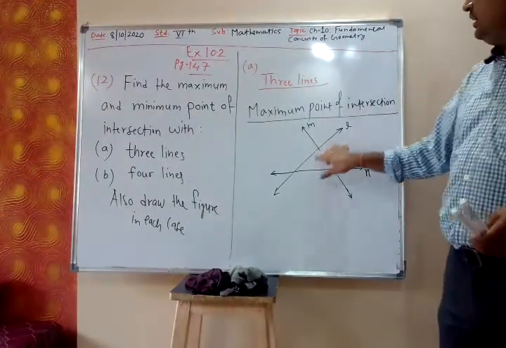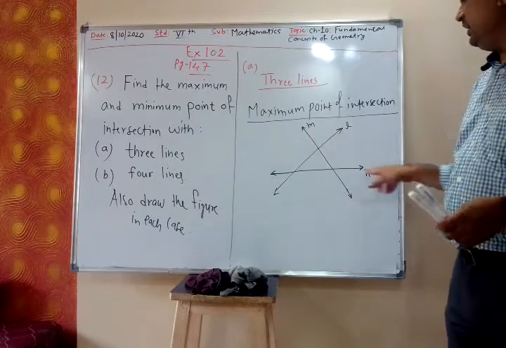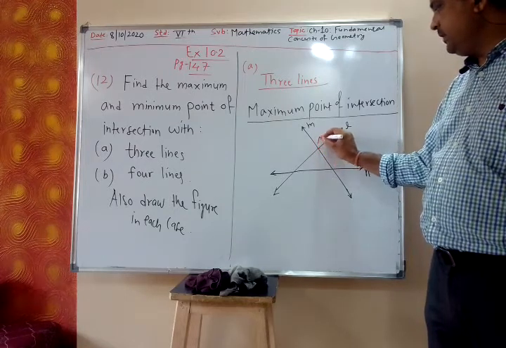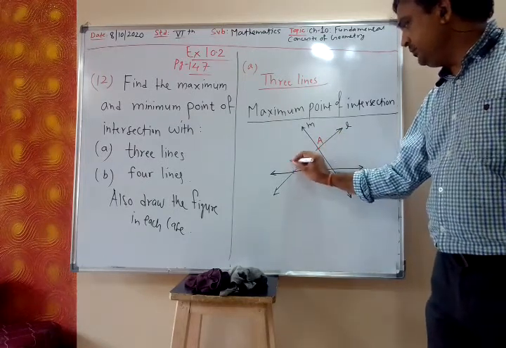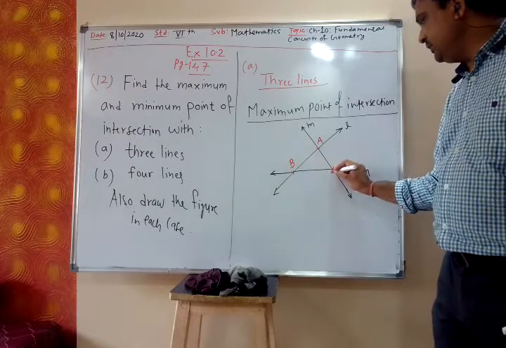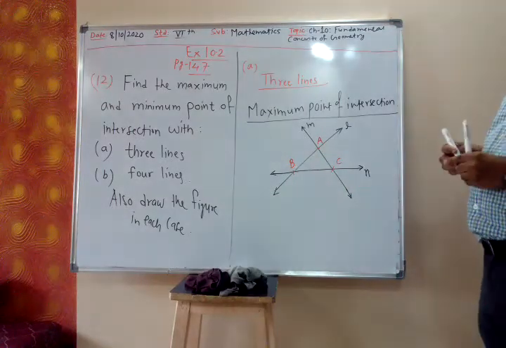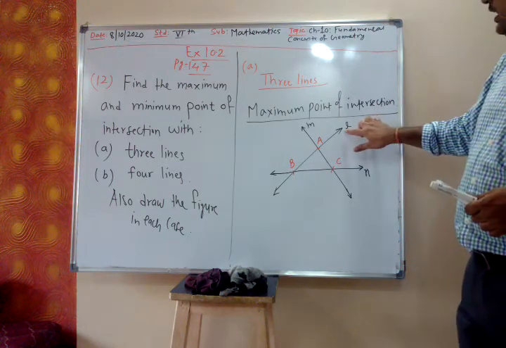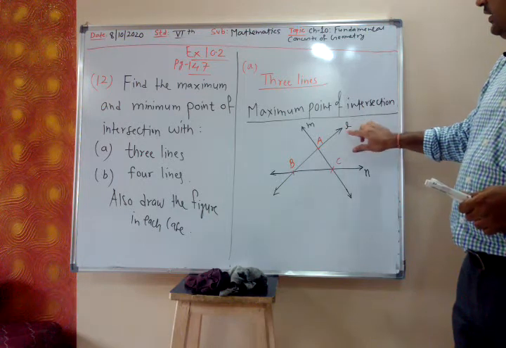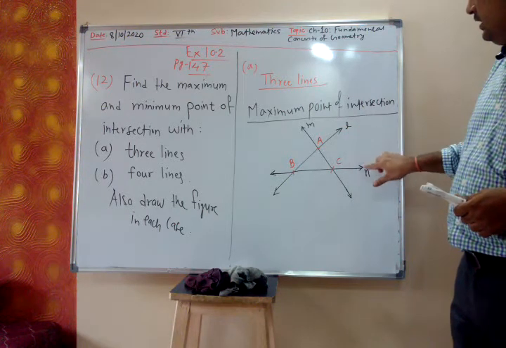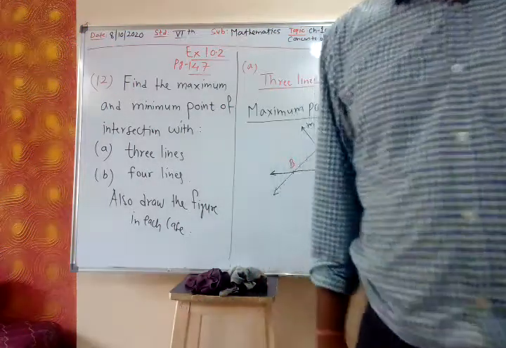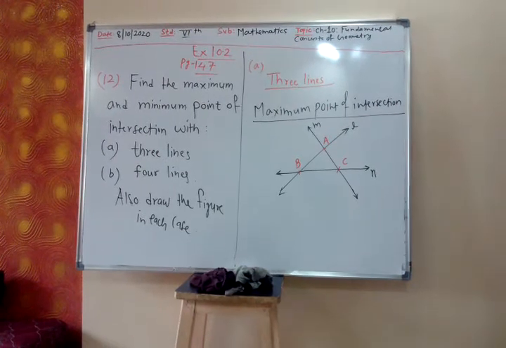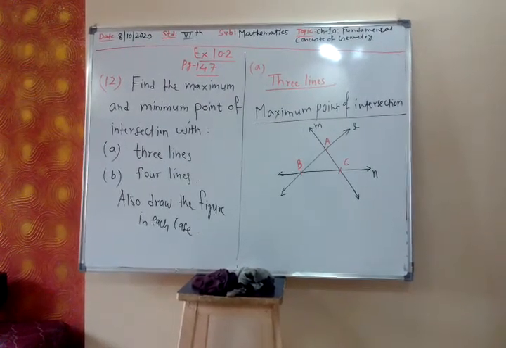There are 3 lines, line L, line M, and line N. This is point of intersection A, this is point of intersection B, and this is point of intersection C. So when 3 lines intersect each other, line L is intersected by line M and N. Now it is clear, right?